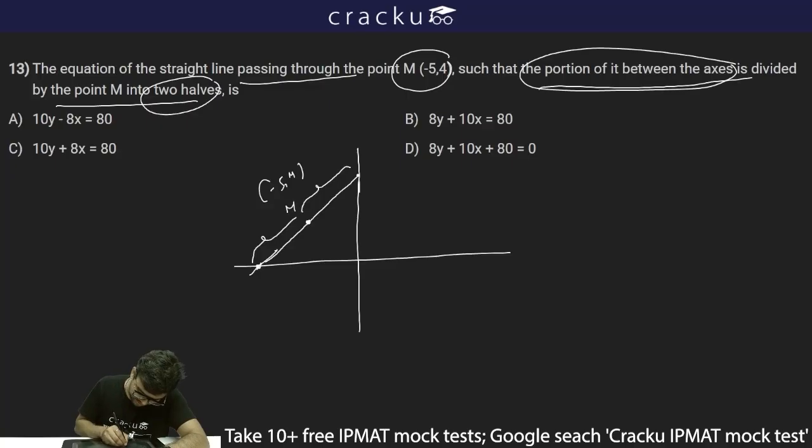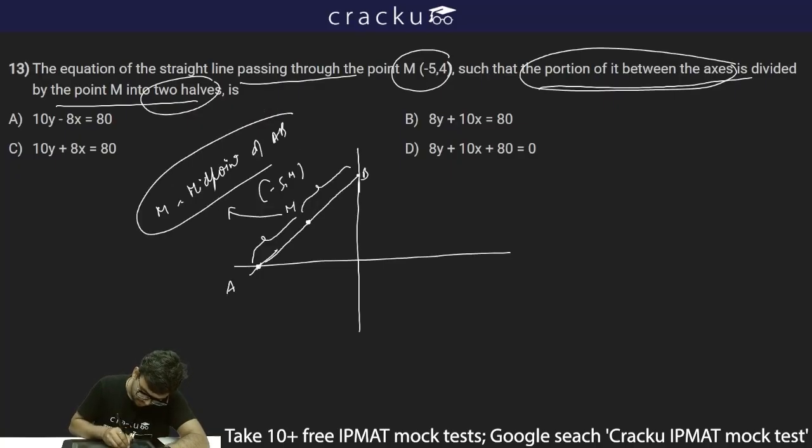So I can say that M is basically the midpoint. If I say this is A and this is B, then M is the midpoint of AB, because between the two axes, the point M is dividing them into 2 equal halves.